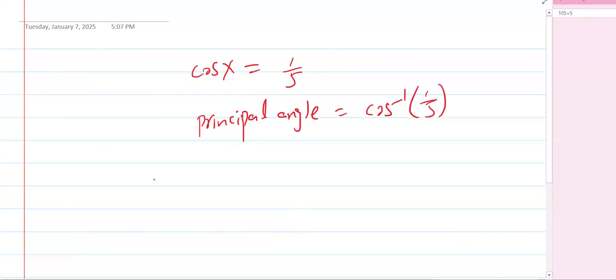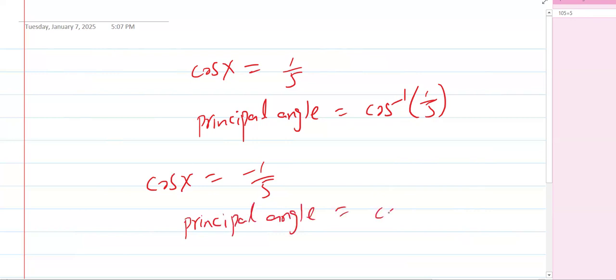What if you have cos of x is equal to minus 1 over 5? Still, the way of taking the principal angle will be the same. It will be cos inverse of 1 over 5. You will ignore the negative sign when you are taking it. This is the easiest way I'm telling you. I'm not going into the detail of why it is like that, because you don't need that. Okay? Clear?